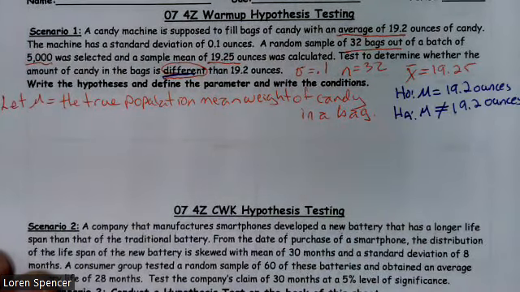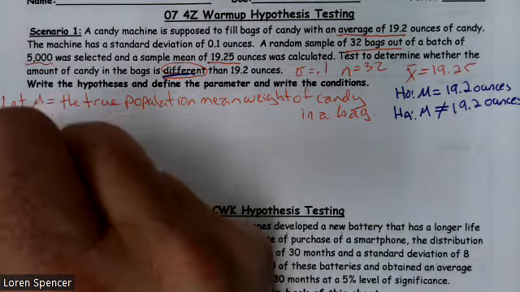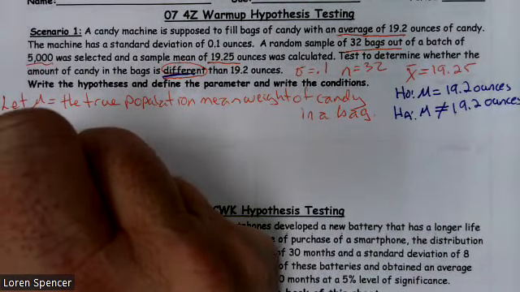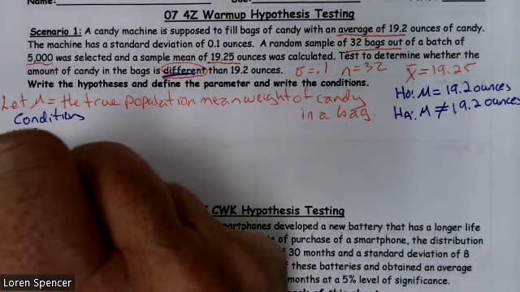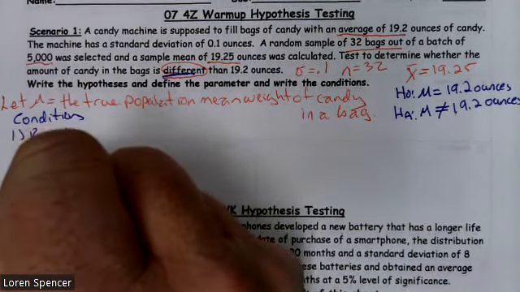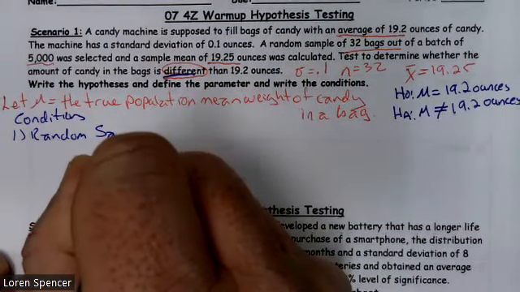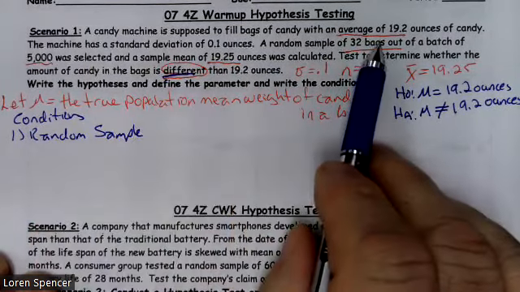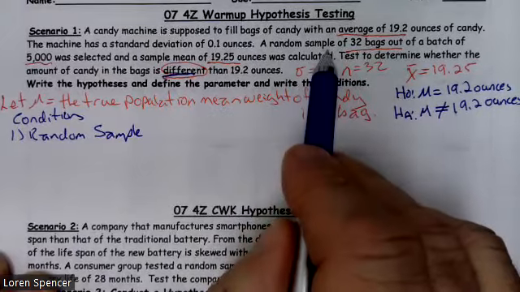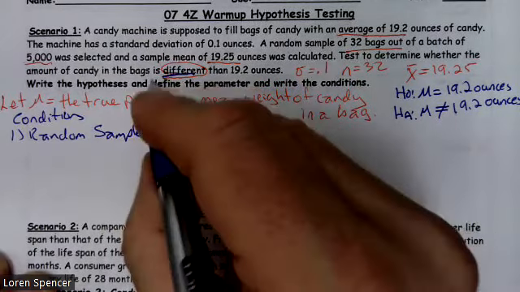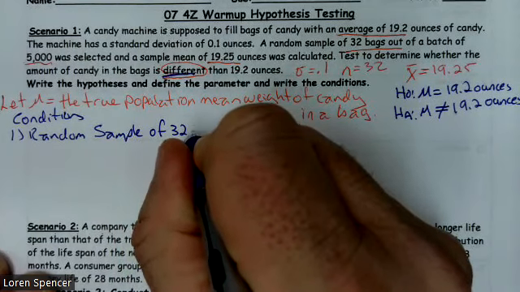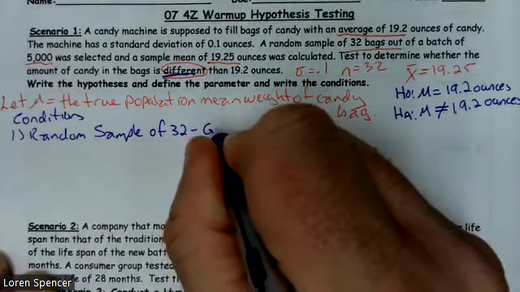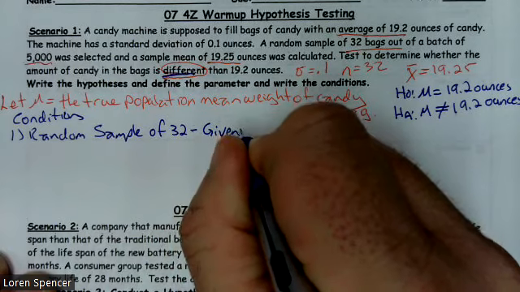Now we need to do our conditions. The first condition is random sample. We'll go back and read quickly to see whether they said random sample. Yep, there's a random sample of 32. That was given, so we can just put a check mark.